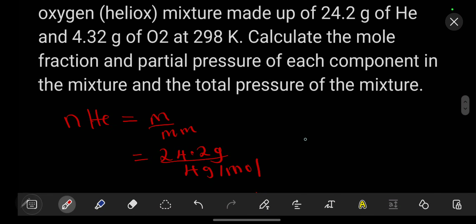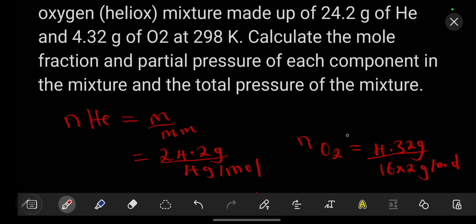The other part we need to do is the number of moles of oxygen. The mass we have been provided is 4.32 grams. Oxygen's atomic mass is 16 on the periodic table, times 2 grams per mole, since there will be 2 of these.